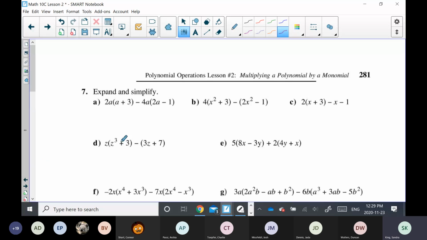7, expand and simplify. Let's do 7A. Let's do B. I'd like you to put your -1 here, so you could see that.